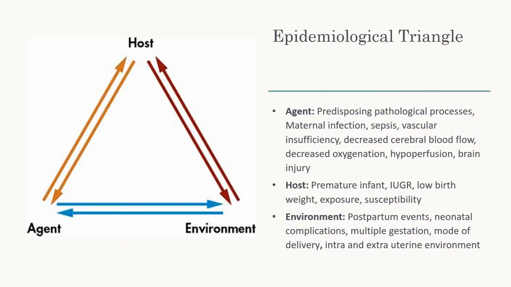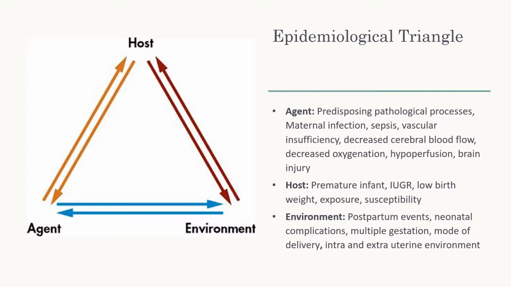So when we review the epidemiological triangle, we can identify the agents as any predisposing pathological process that occurs, such as maternal infection, sepsis, vascular insufficiencies, a decreased cerebral blood flow, decreased oxygenation, hypoperfusion, or brain injuries.